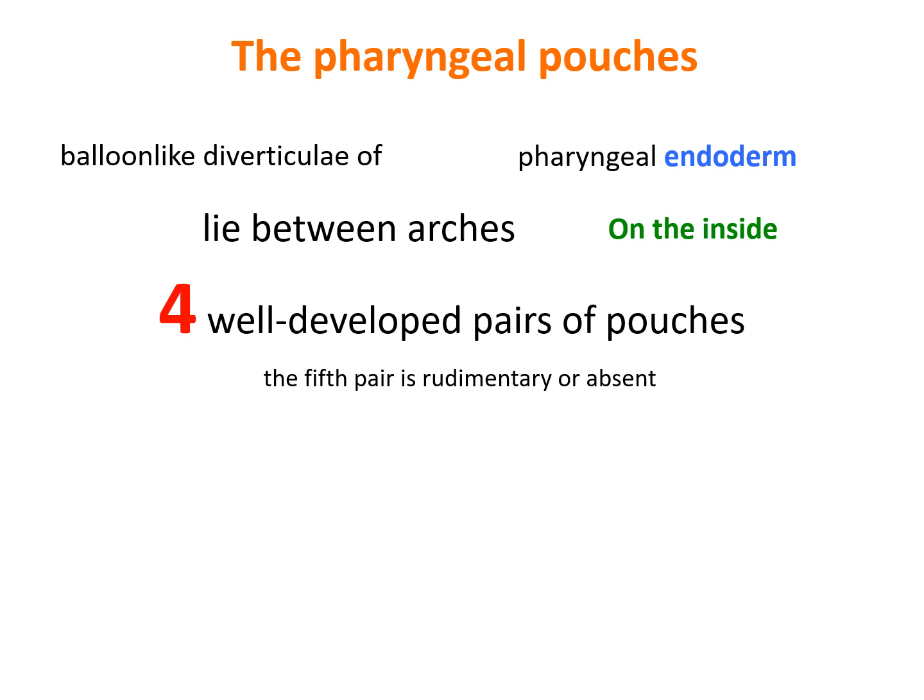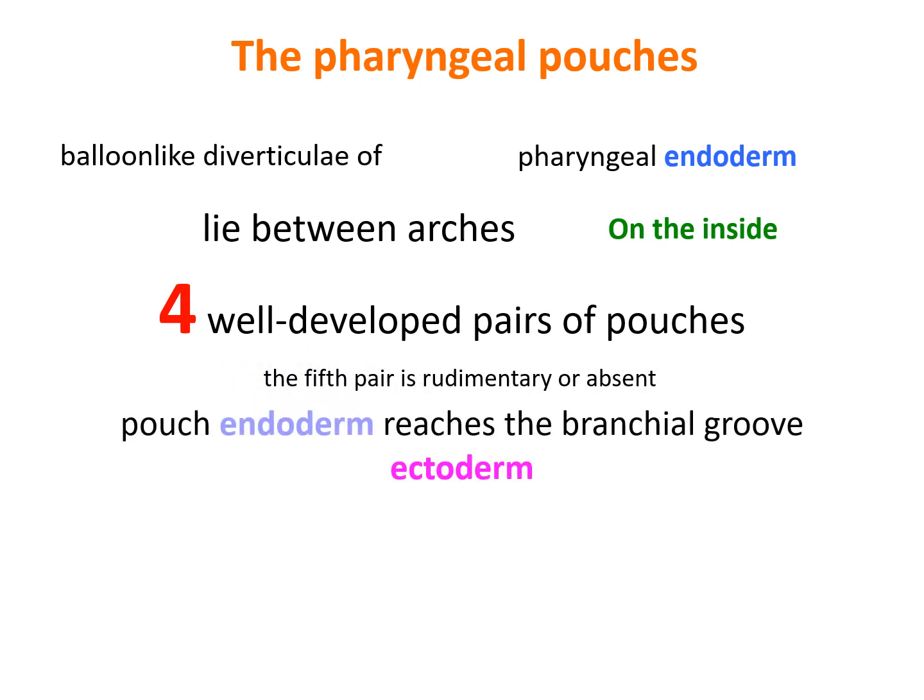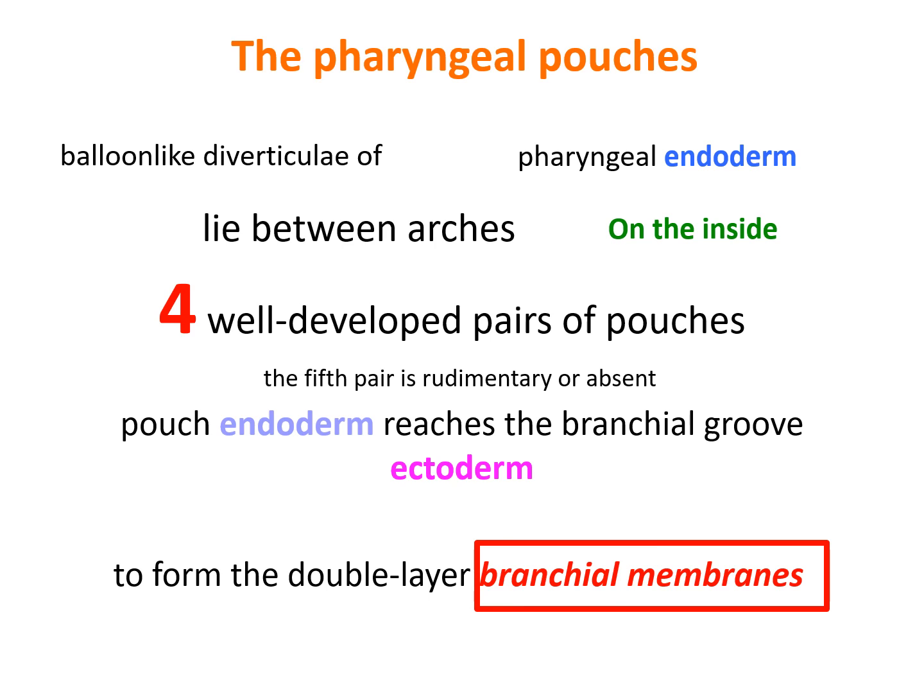The fifth pair is rudimentary or absent. The pouch endoderm reaches the branchial groove on the outside, which is made of ectoderm. This double layer of ectoderm and endoderm is called the branchial membrane, which lies in the space between the different arches.